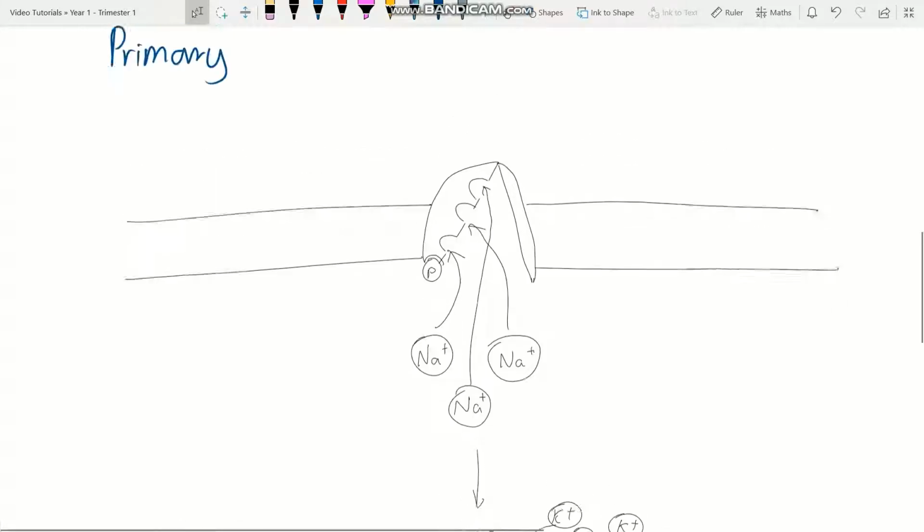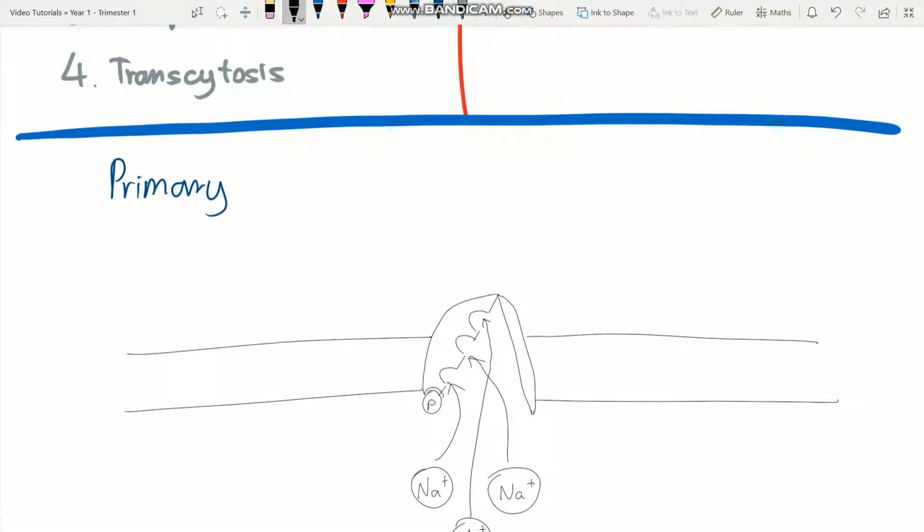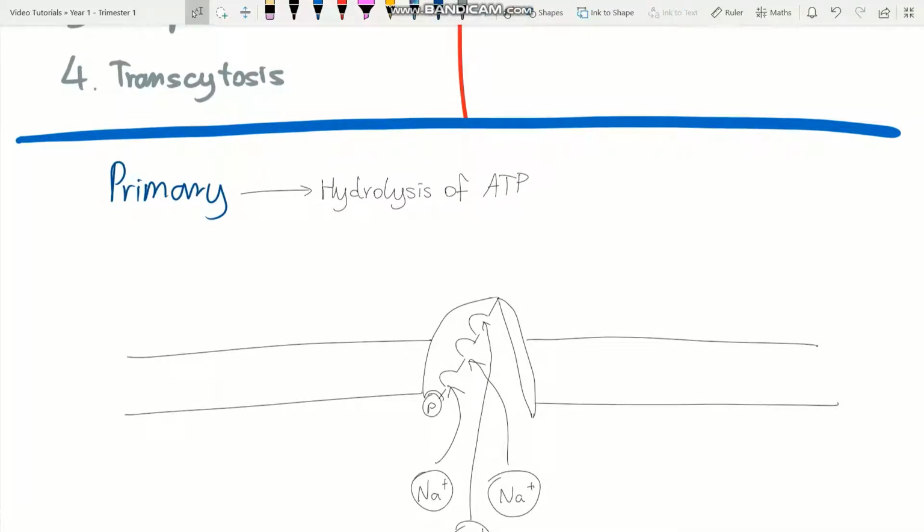So in a nutshell, primary active transport involves the hydrolysis of ATP, and this phosphorylation of a transport protein causes a change in its shape and therefore the pumping of the bound solute across the membrane.